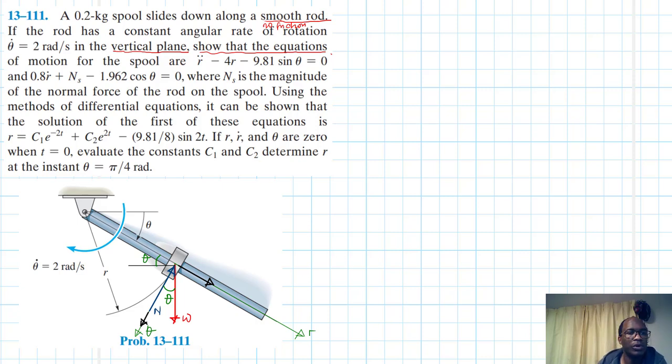Let's label them. So this one is W sine theta, and this one is W cos theta.